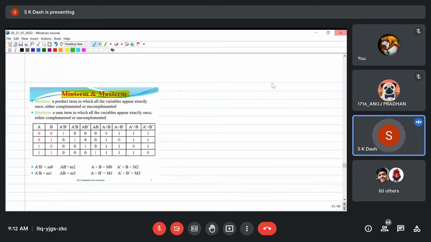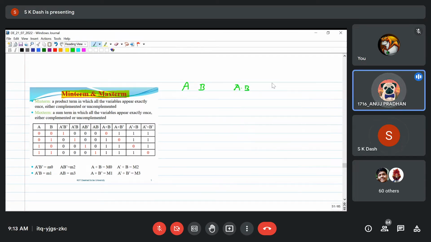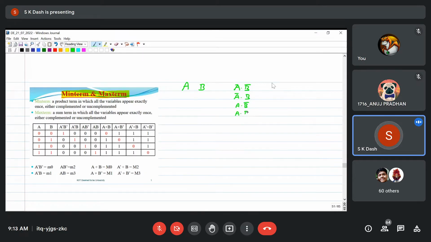Now think that I have two inputs A and B. First of all, how many product terms will be possible with the help of A and B? Four are possible. What are those? A bar B bar, A bar dot B, A dot B bar, A dot B.